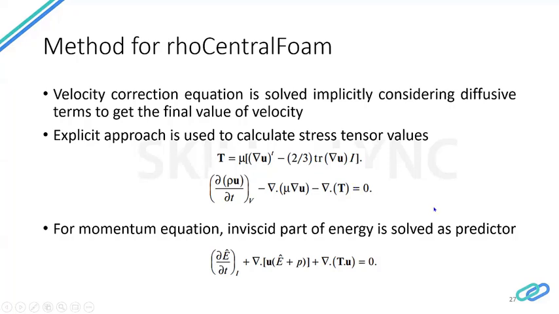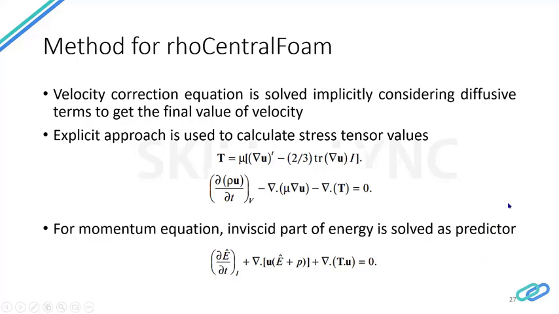After which, the inviscid part of the energy equation is solved again as a predictor. So the way these solvers work is initially we do not have the value for the next time step, and we assume or predict a set of values for these field variables, and later we correct them using a corrector step.